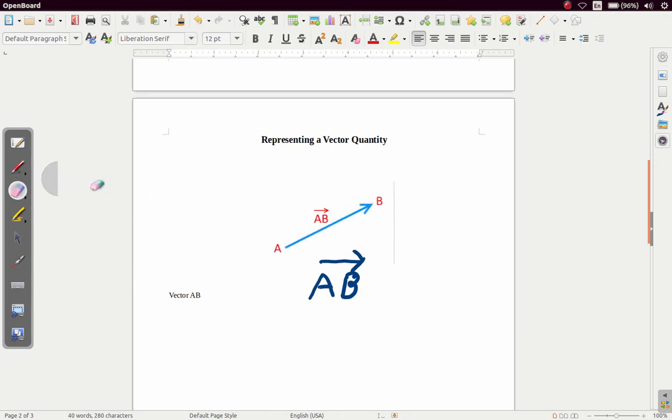And you give this vector a name. Instead of drawing the vector every time and rewriting the A and the B at the ends, you just say AB.